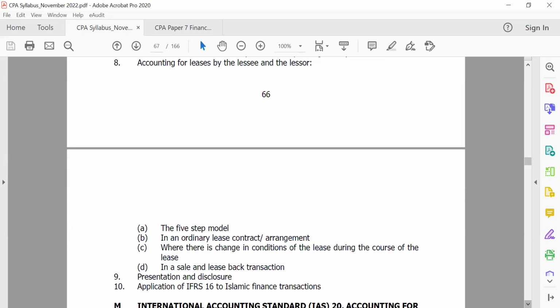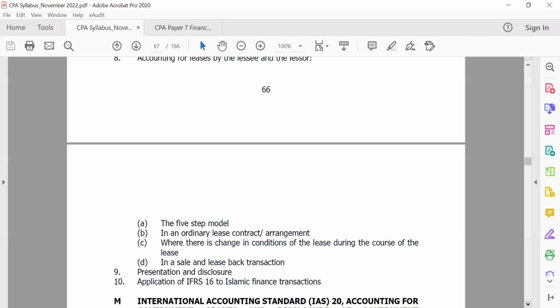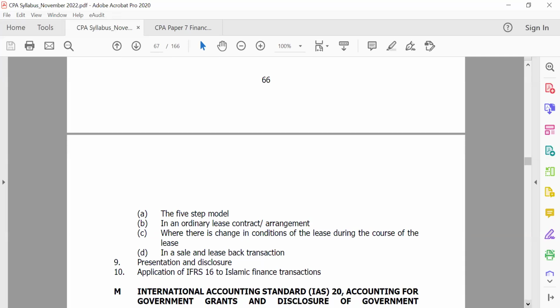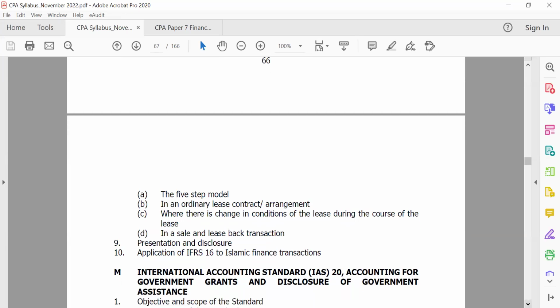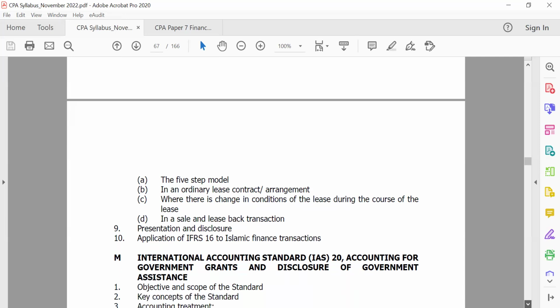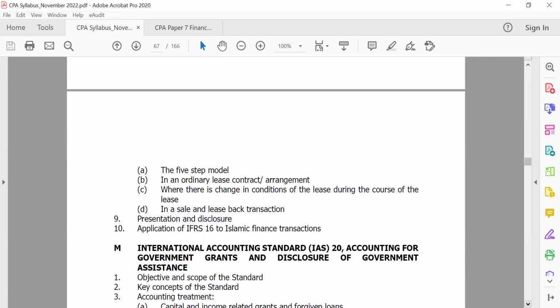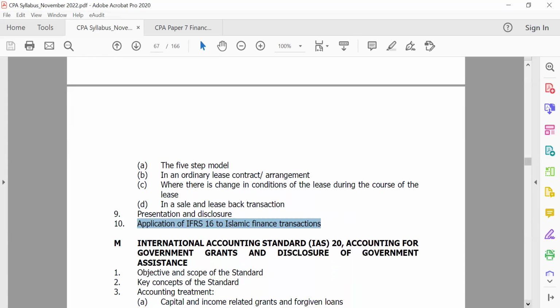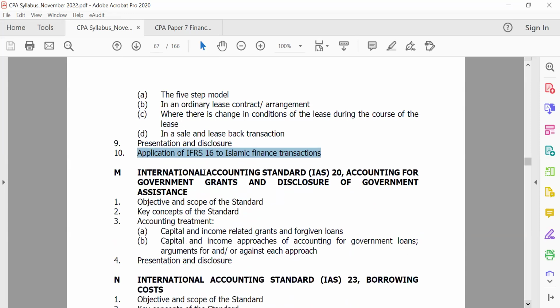And then, definitely, using the different models here, like the 5-step model, in ordinary lease contract arrangements, the sale and leaseback transaction, and then the presentation and disclosure. And again, also understand how to apply IFRS 16 to Islamic finance transactions.